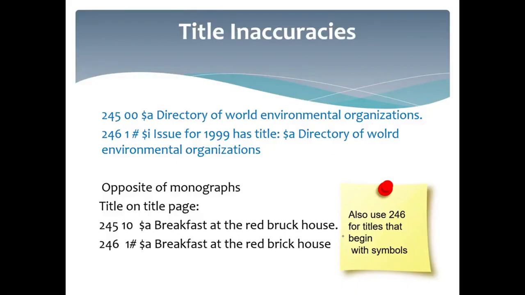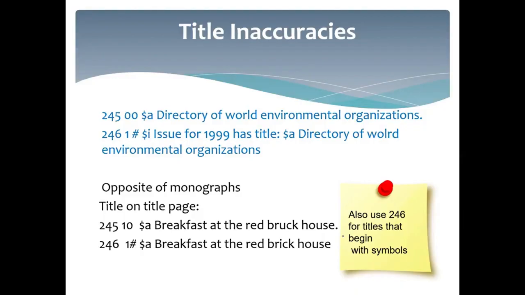So if you were copy cataloging this and you saw Directory of World Environmental Organizations, and then yours said World Organizations, then you could add a 246 and just note which issue was misspelled. Now, if you notice that all of the issues you were getting were misspelled, then that might make you think they've actually changed the title.